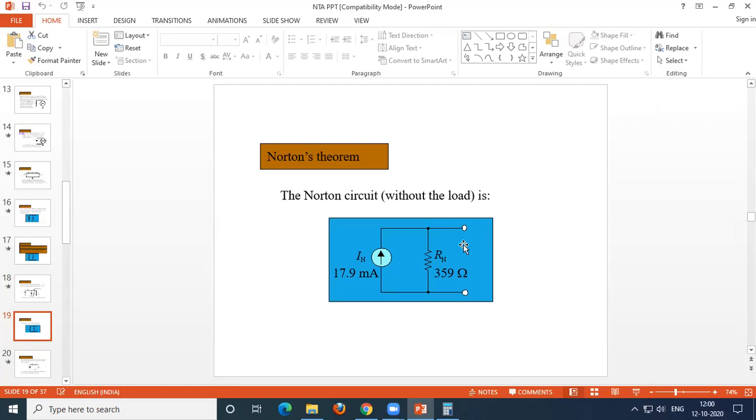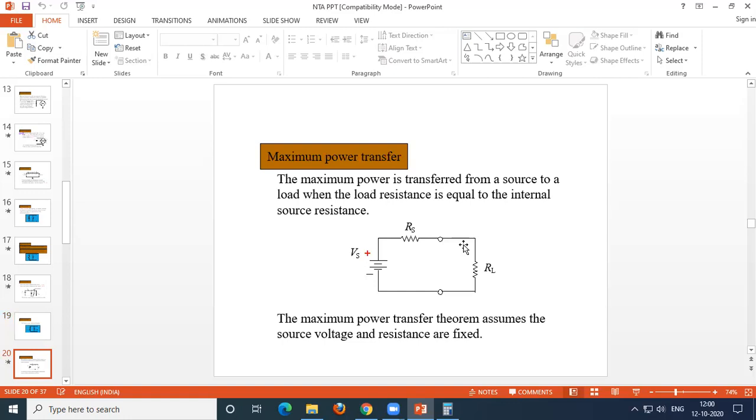The next point we will study is the maximum power transfer theorem. In the maximum power transfer theorem, power is transferred to a load. Where can we use it? Remember the public address system.